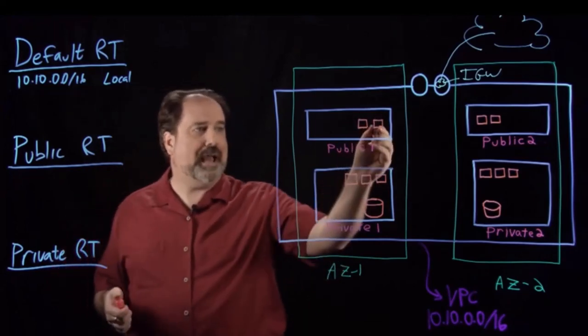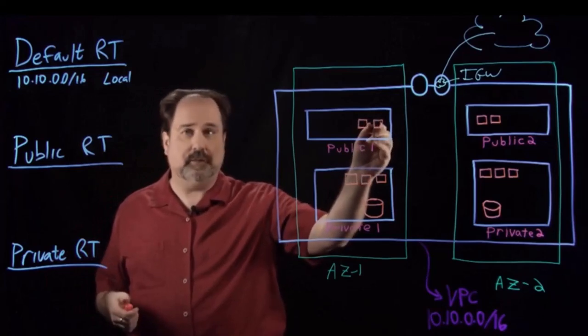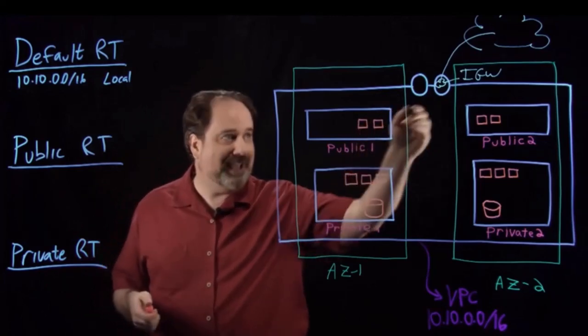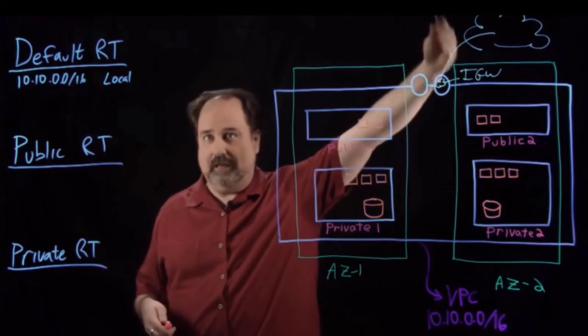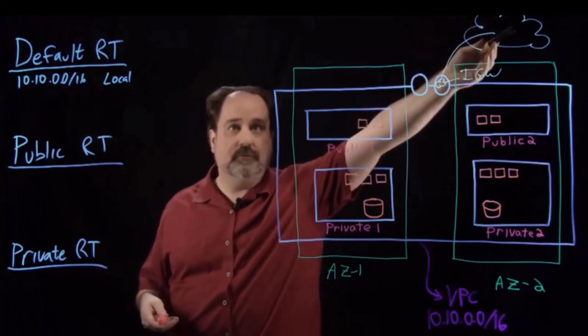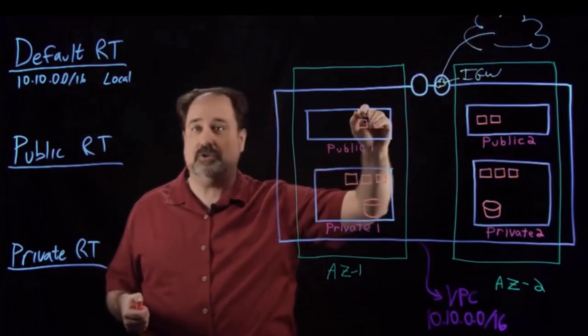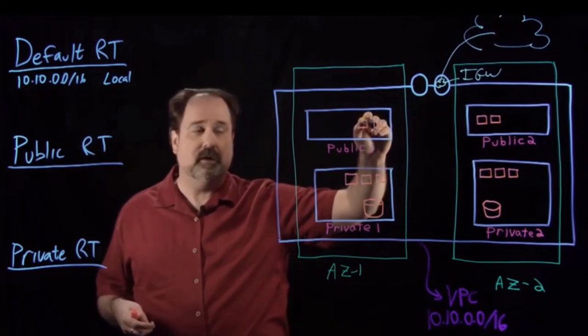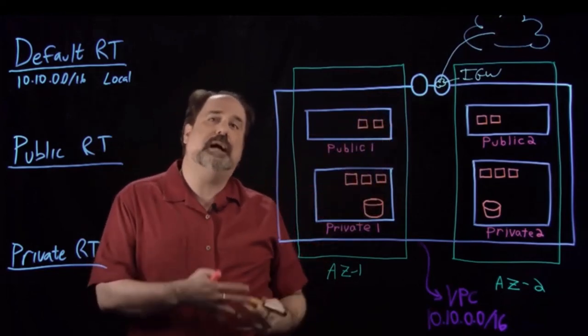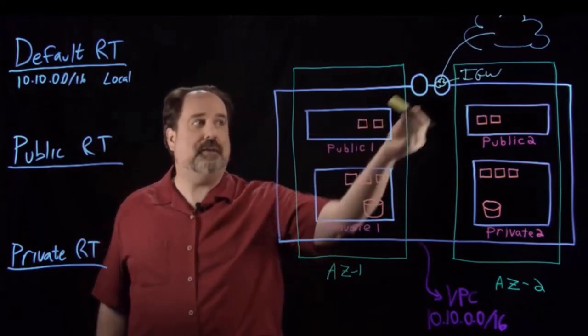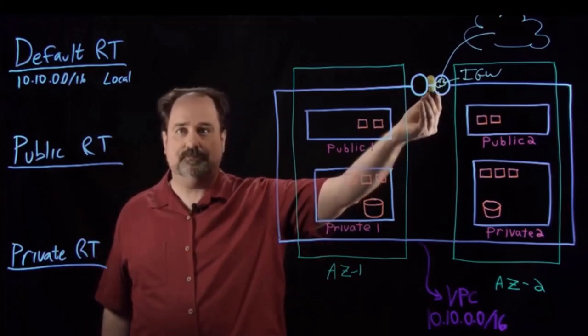If you want a packet from an instance in the public subnet to be able to exit out the IGW and get out into the interwebs, or vice versa, if you want the interwebs to connect to your public instance, we have to add the route line that gives the path out through the IGW.